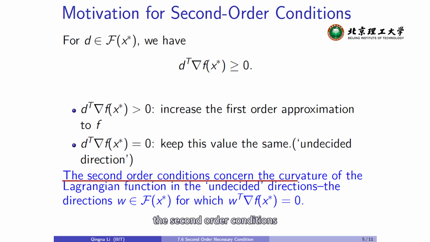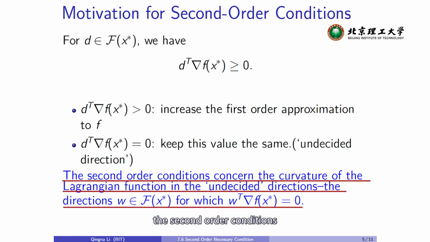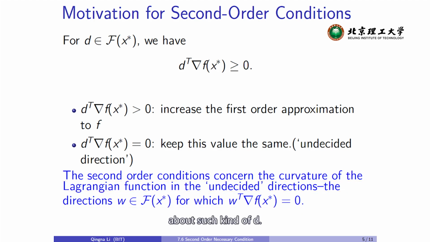Therefore, the second-order conditions take care of the directions d here. They require special properties about such d. We have to control or characterize the properties of such undecided directions in order to analyze the second-order optimality condition.